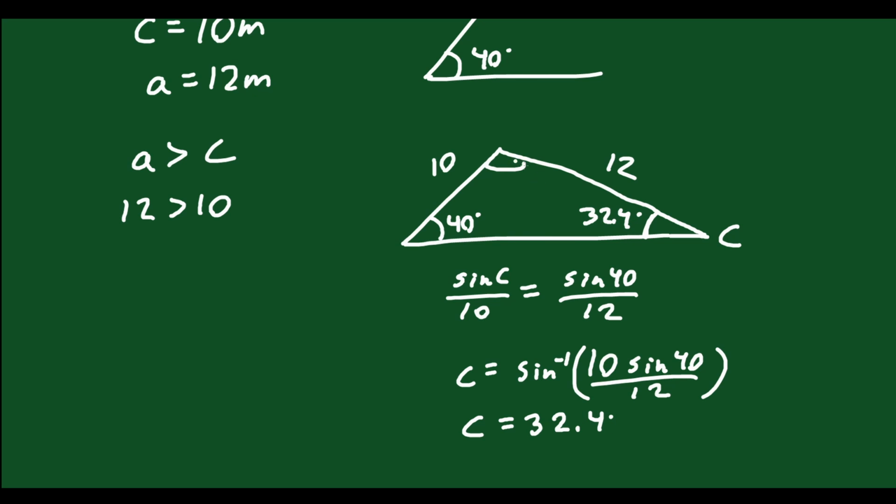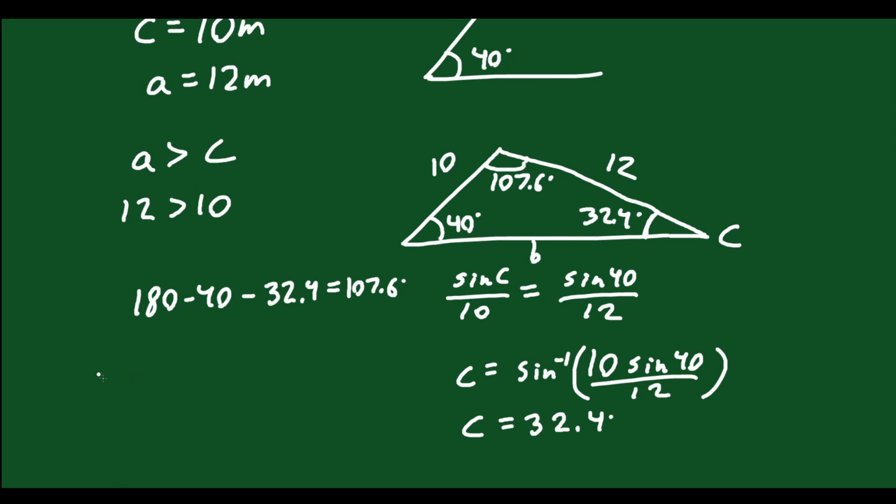You can find the remaining angle by subtracting those from 180, right? 180 minus 40 minus 32.4. That's going to equal 107.6 degrees. Okay, one more side you have to find. Let's do another sine law. We'll call that B for base.